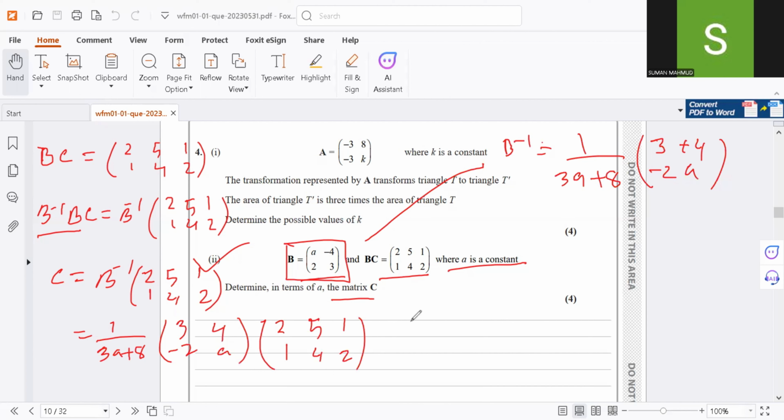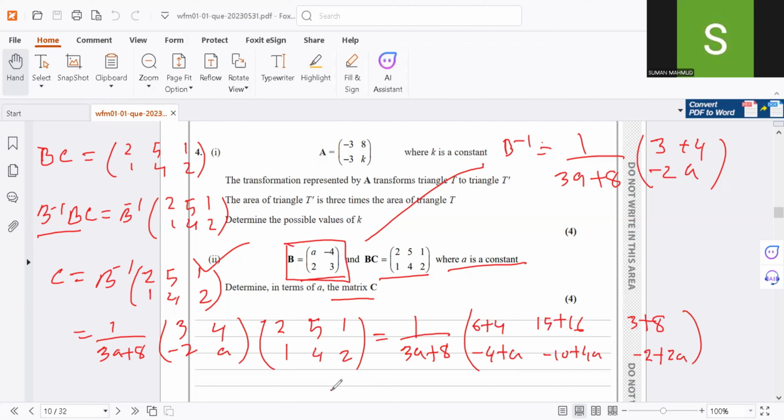Multiplying out, first row first column gives 6 plus 4, then minus 4 plus a, then 15 plus 16, minus 10 plus 4a, 3 plus 8, and minus 2 plus 2a.